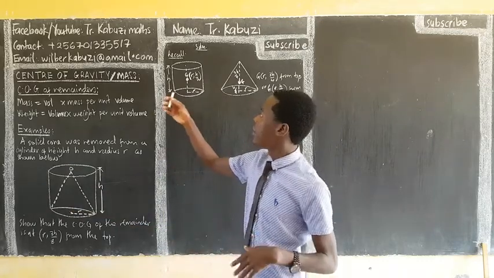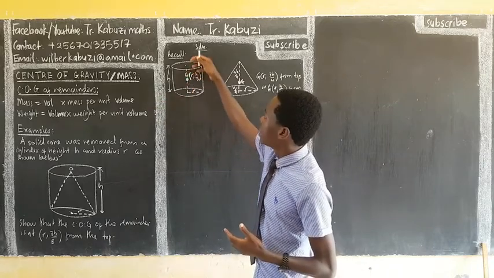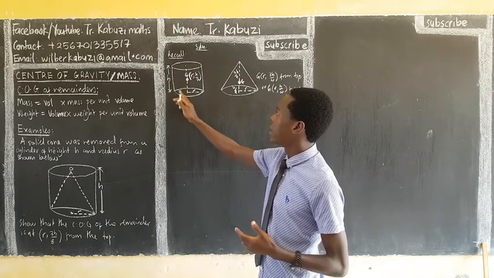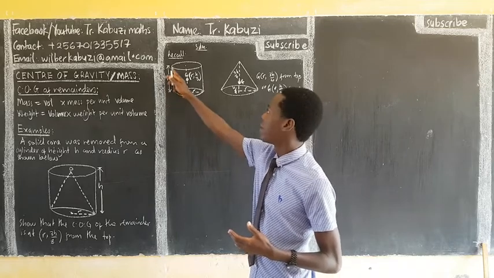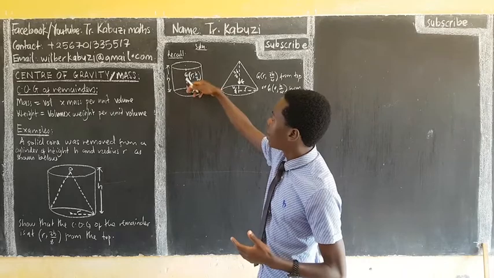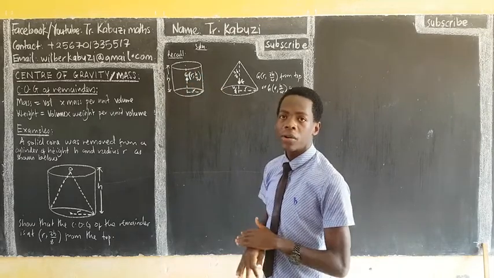Here, recall these ones we saw in our first lesson. We saw that the center of gravity of the cylinder, if it's vertical, is at the horizontal distance from here up to here. If you consider this as an axis, the vertical is from here up to here, or from here up to here, which is going to be the same because it's symmetrical.